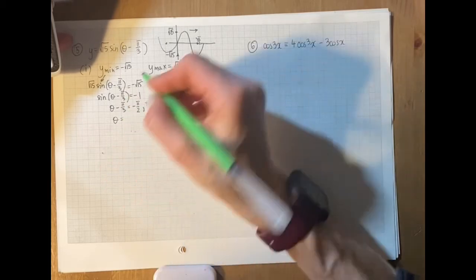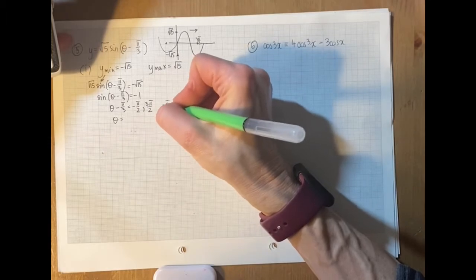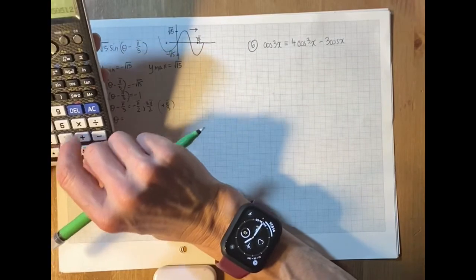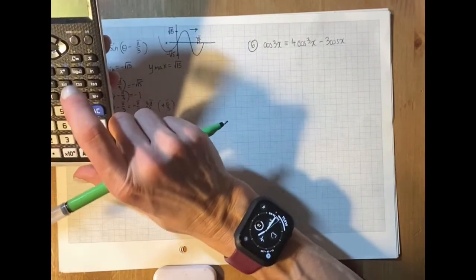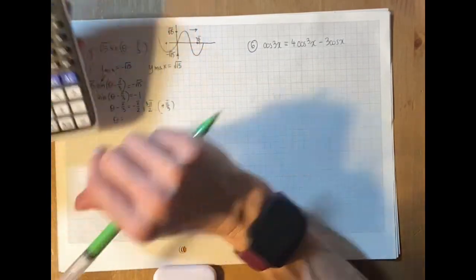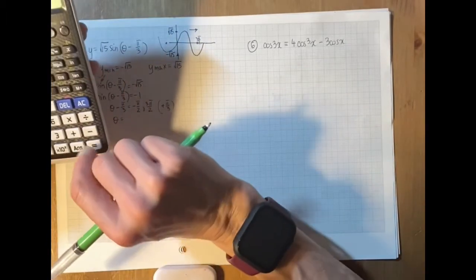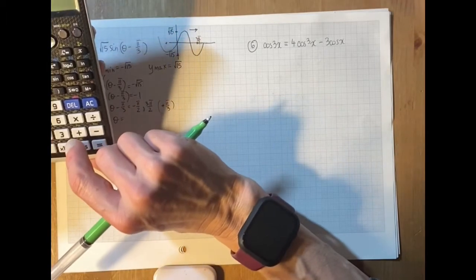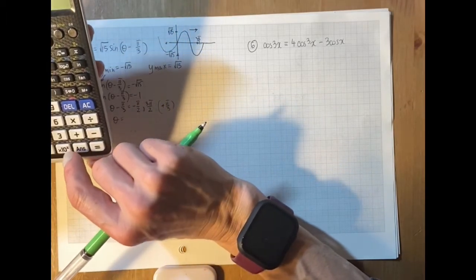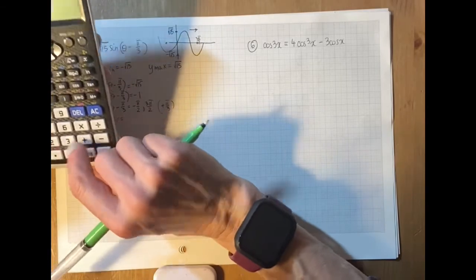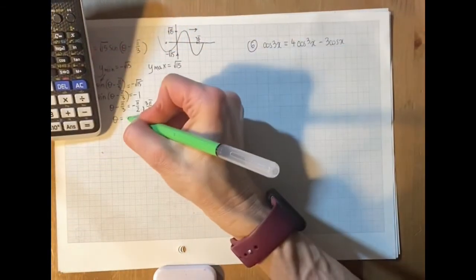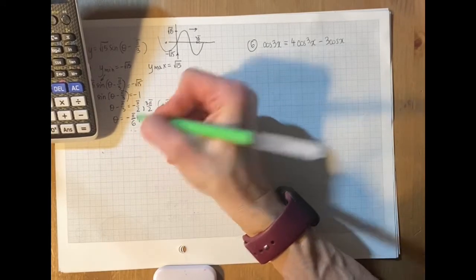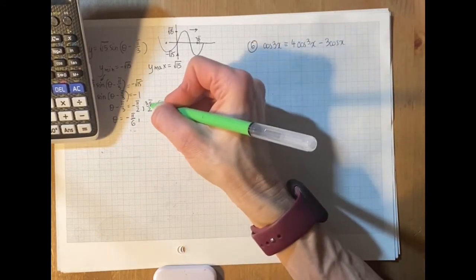So if I add pi over 3 to rearrange it, to work out what theta is, minus pi over 2, there you go, and then we're going to add pi over 3. That is giving me a negative value. That is not what the question asks you to find. It asks you for the smallest positive value. So I need to consider the next one.